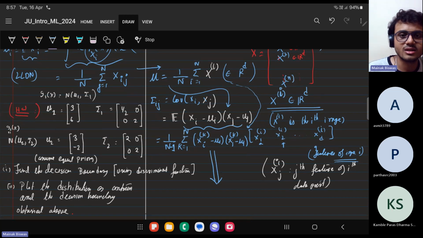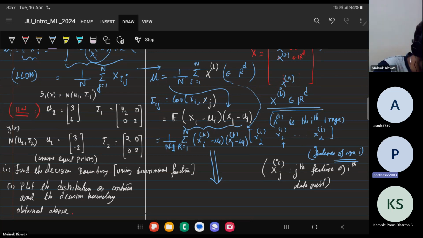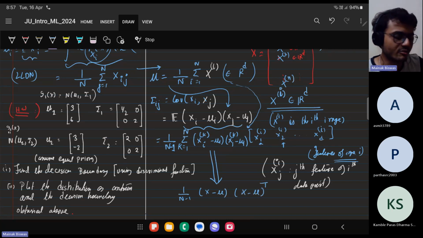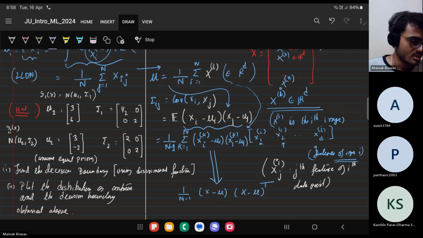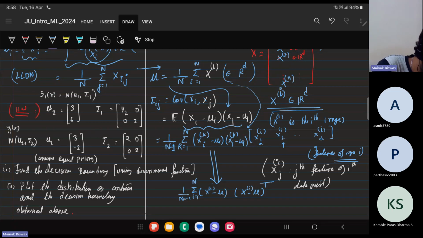This is i comma j: 1 by n minus 1, x minus mu transpose x minus mu. But that is a single number. X minus mu into x minus mu transpose will give me the matrix. Yes. Summation over i equal to 1 to n.